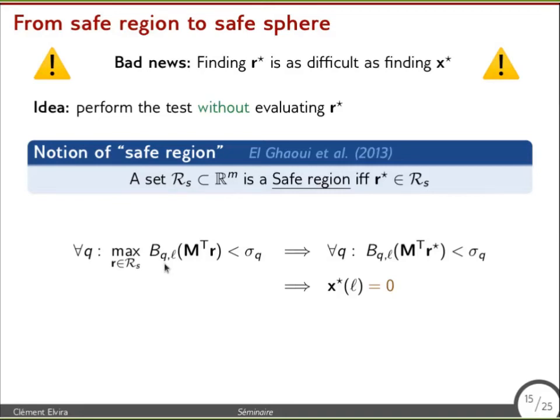So instead of verifying that BQ, evaluated at R star, is smaller than sigma Q, we just have to check that the inequality is satisfied for all R that belong to my safe region. And if this is the case, this will be in particular true for R star, because R star belongs to the safe region. And then I can say that I have identified a 0 in the solution.